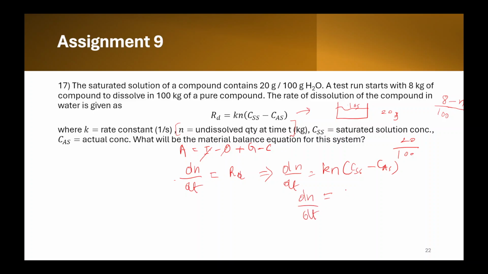So we enter these values here. dn by dt = kn(20 by 100 - (8 - n) by 100).